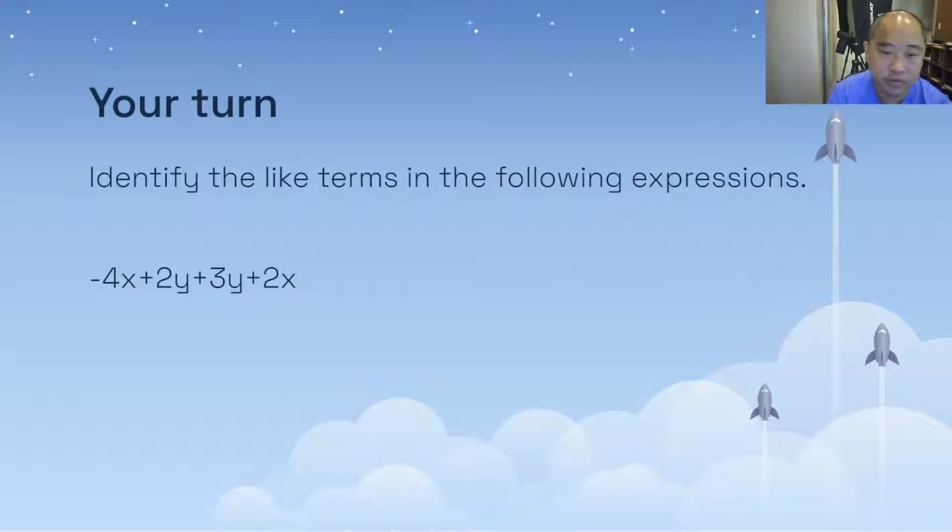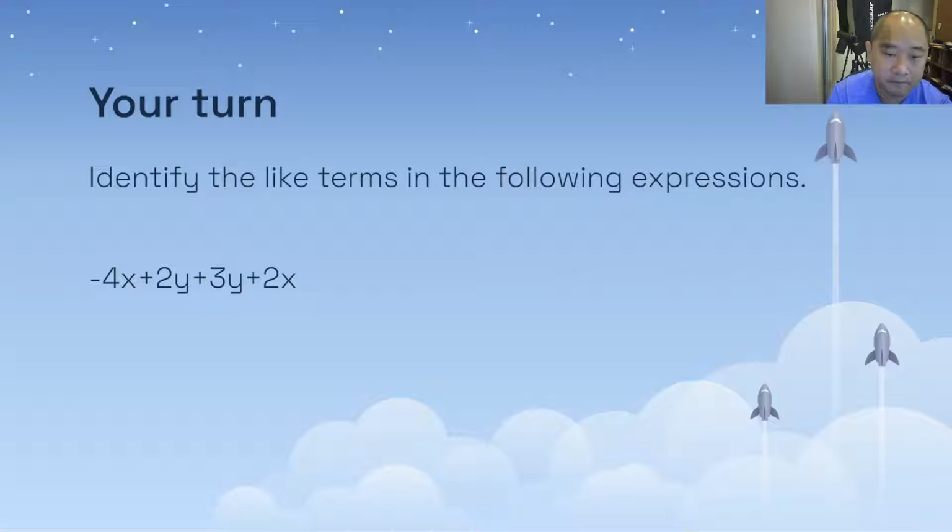Okay, your turn. I want you to identify the like terms. Okay, welcome back. So here, 2y and 3y are like terms, and -4x and 2x are like terms.